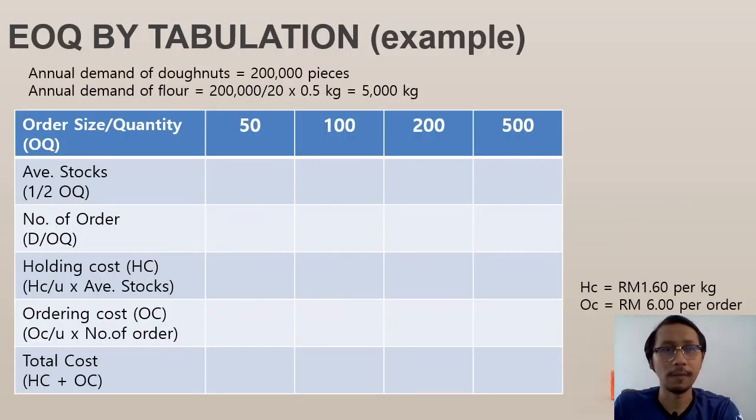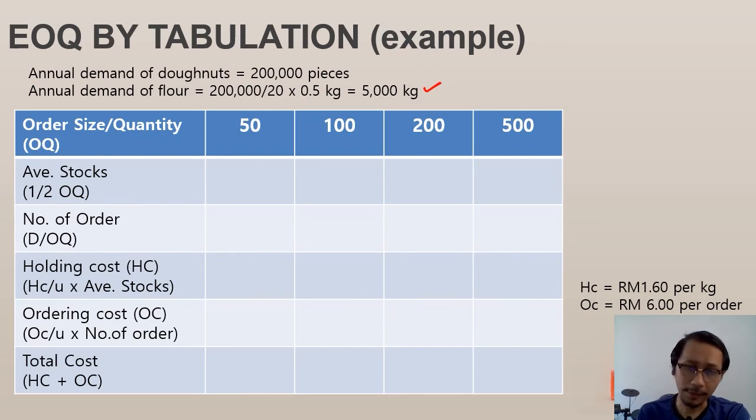Now let's open a table. So here we have the table, and you can find the demand that you needed, which is 5,000 kg, and in fact I already put in the OQ for each column, such as 50, 100, 200 and 500 according to the question. Now let's calculate the top section and the bottom section.